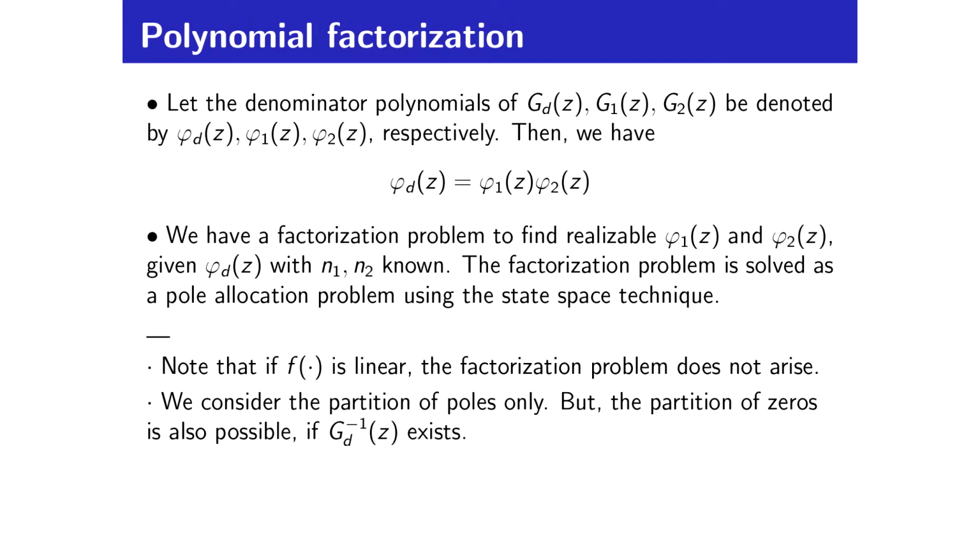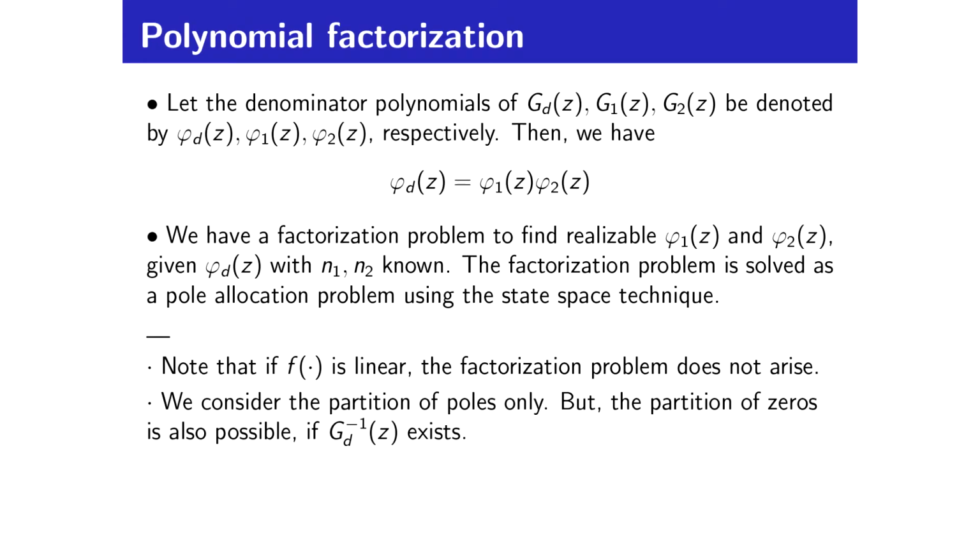So we have a factorization problem to find these realizable phi 1, phi 2, given this. N1, N2 is assumed known. N1, N2 is the dimension of the linear transfer functions. And realizable means that phi 1, phi 2 should be real polynomials.